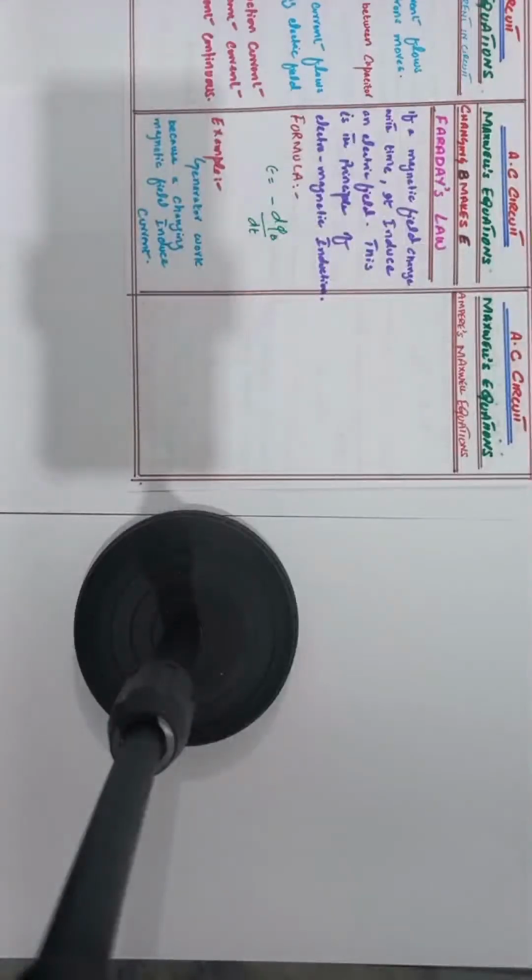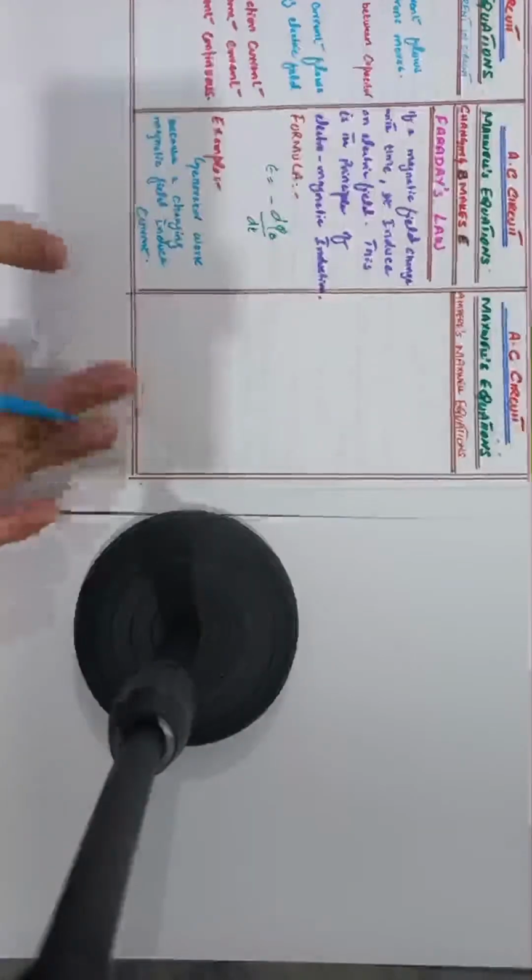Before Maxwell, Gauss law explained electric charges. Then Gauss law for magnetism said no monopole exists. And then Faraday's law says that a changing magnetic field always creates an electric field.